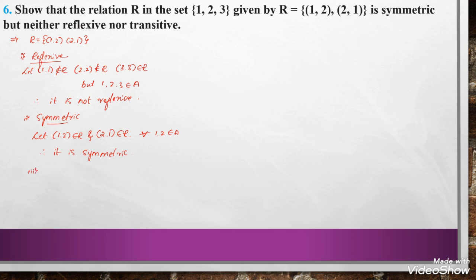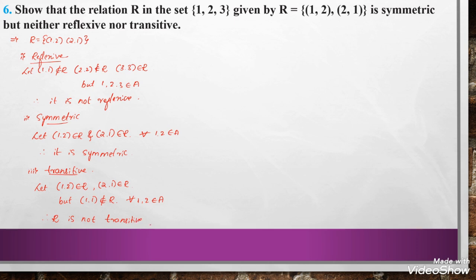Similarly, I will check the relation transitive here. Let (1, 2) belong to R and (2, 1) also belong to R, but (1, 1) does not belong to R, for elements 1, 2 belonging to the set A. Therefore, R is not transitive.